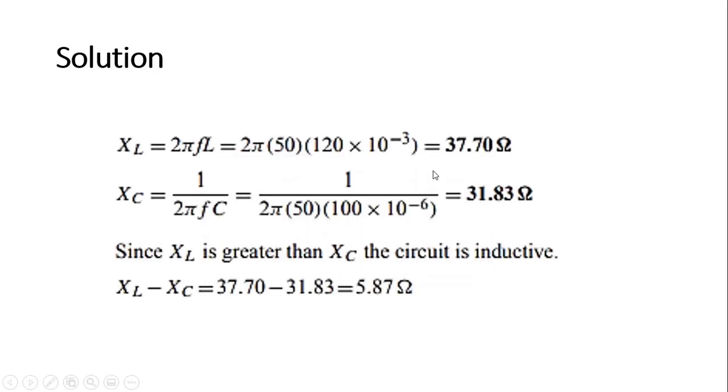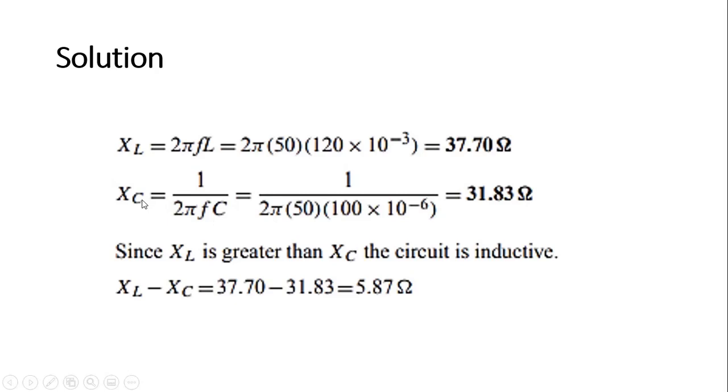So the first thing is to find our XL, and we know from previous class that XL is equal to 2 pi FL. Our F is the frequency, 50. Our L is the inductance, 120 millihenry, that is 120 times 10 raised to the minus 3. So if you do the multiplication, you should get 37.70 ohms.